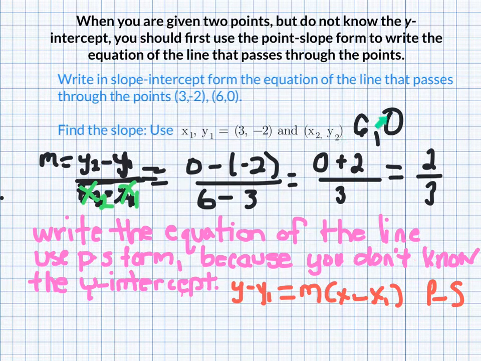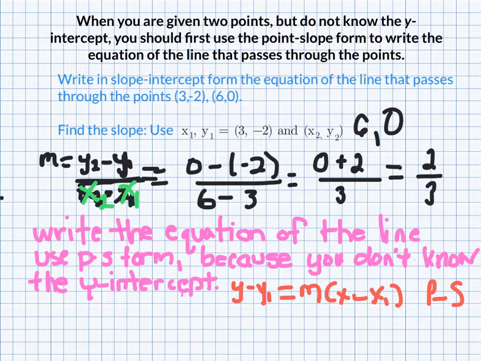So we had a 0 for the y2 minus a negative 2 for the other y1. That's over 6 minus 3. That equals 0 plus 2, over 3, and we end up with 2/3 is the answer there.